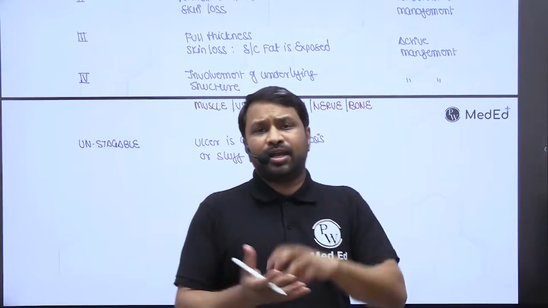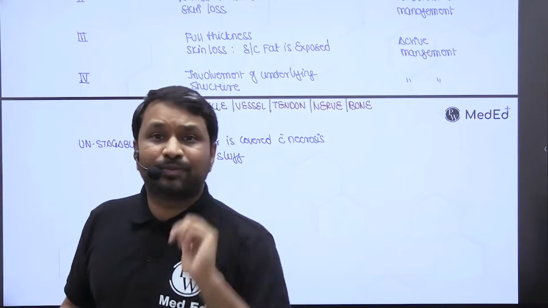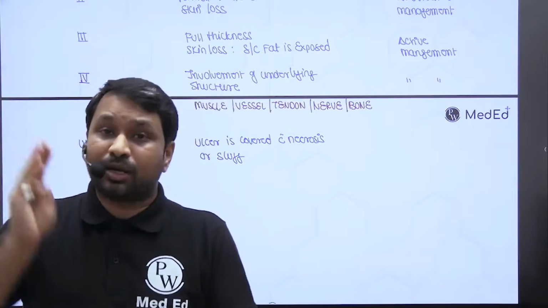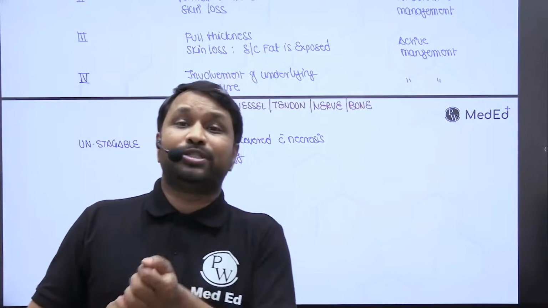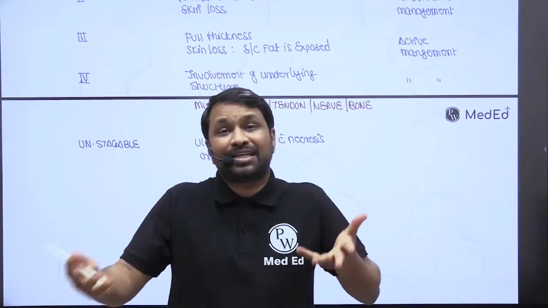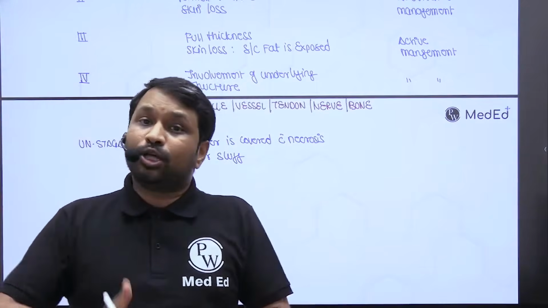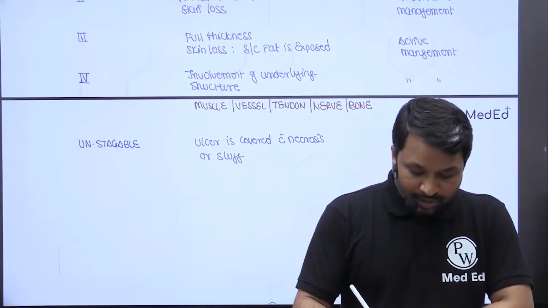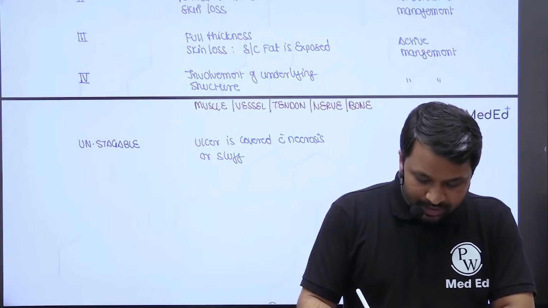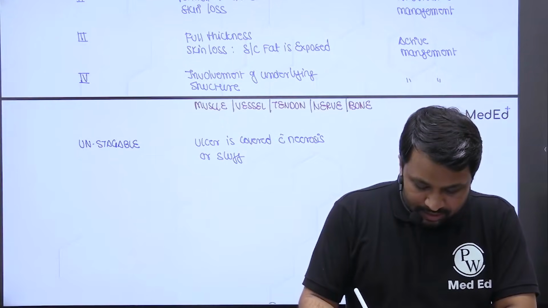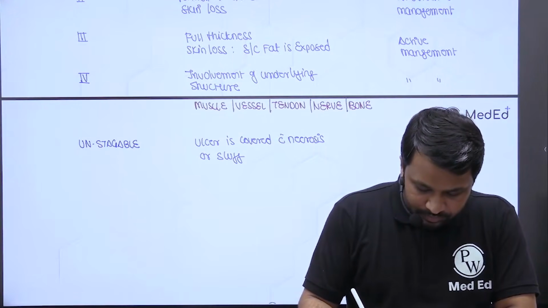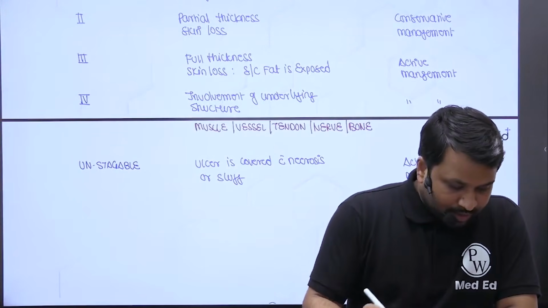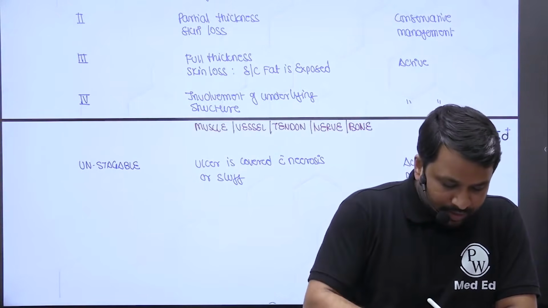Reason क्या है? अगर necrosis और slough present है तो ulcer का depth कैसे पता चलेगा? ऐसे थोड़ा पता चलेगा कि वो अभी भी superficial है, कि इसने dermis breach किया है, subcutaneous fat exposed है, या फिर underlying bone या vessel involved है. कैसे पता चलेगा? अगर पूरा slough से भरा हुआ है तो आप देख नहीं पाओगे. आप क्योंकि देख नहीं पाओगे तो मैं stage नहीं दे पाऊंगा. तो stage नहीं दे पाऊंगा तो क्या करोगे? Again you have to go here with active management. Active management is what we're talking about, an intervention.